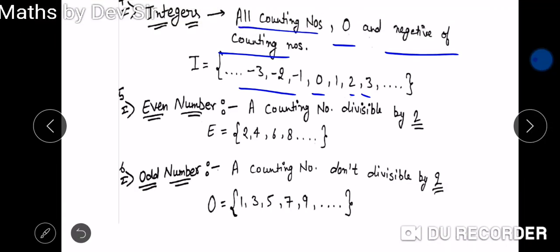Or we can understand integer numbers by a number line also, by drawing this. Here in between we have 0, on this side positive numbers, on this side negative numbers.